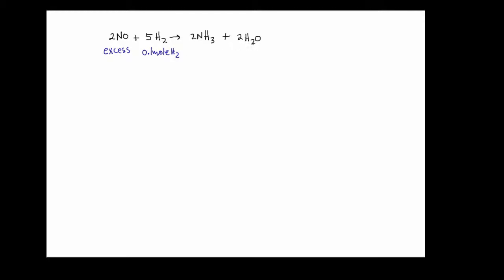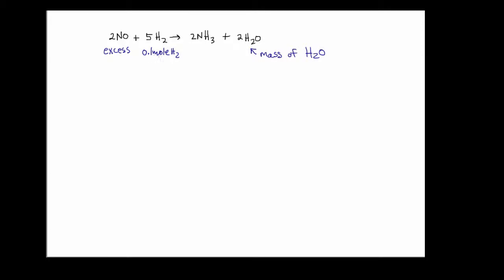Now, if we're calculating a theoretical yield, we need to know which of these products we're going to focus on, and we're going to calculate the mass of H2O produced in this reaction. The reason it's called theoretical is that we're going to assume that this reaction goes to 100%.